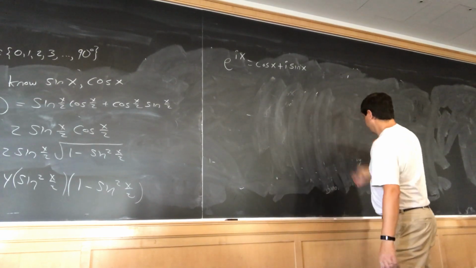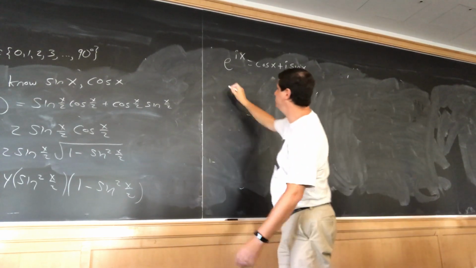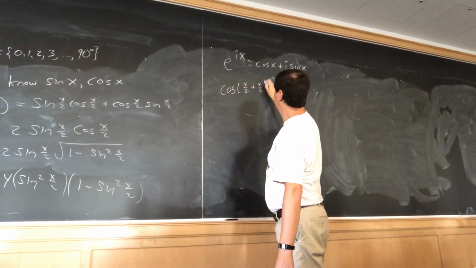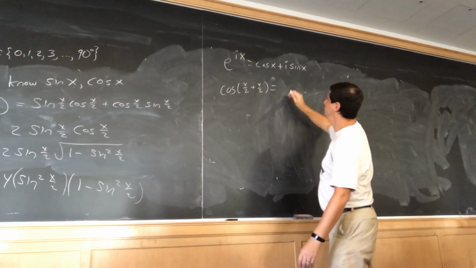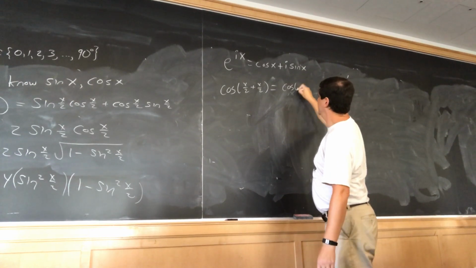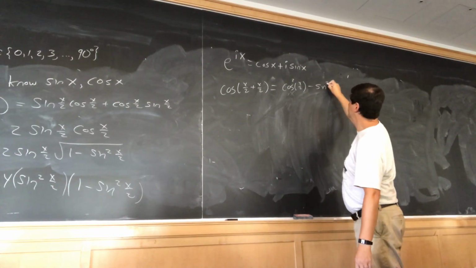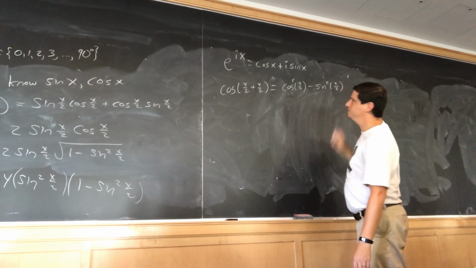And so now what I could do is the cosine of x halves plus x halves, that's going to be cosine x halves squared minus sine squared x halves, right?